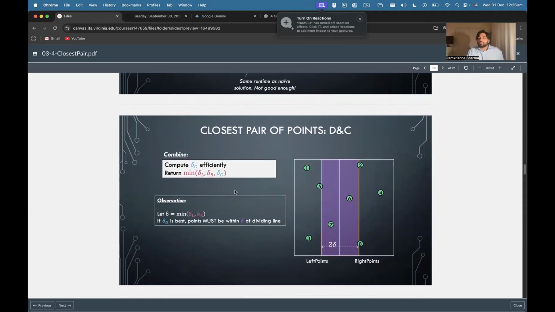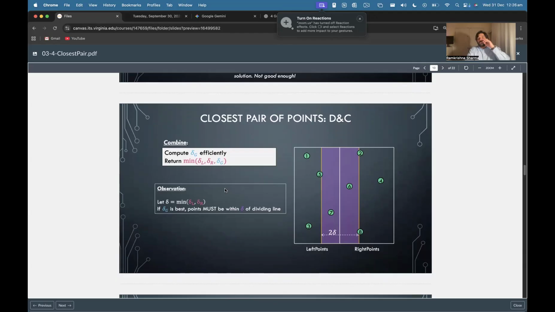Then we said, well, why don't we create a runway strip so that we're only comparing points that are in this straddling kind of segment? This runway strip will be 2 delta wide because if a point is a straddling pair on this runway strip, in order for it to actually beat the left or the right, or really the champion between those, it has to be smaller than delta.